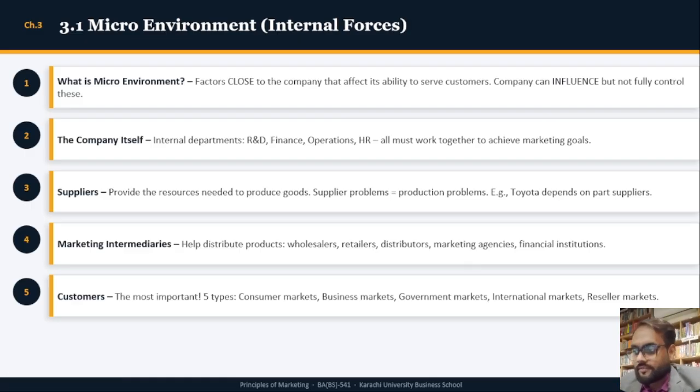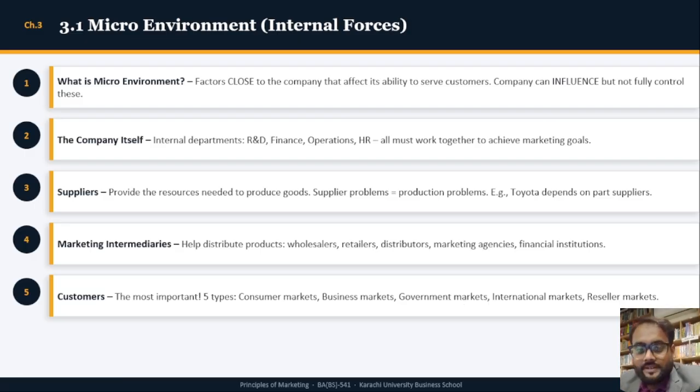Your customers: here we are talking about five important types. Where can you find customers? First, the consumer market, where customers consume goods. Second, the business market, where you do B2B, business to business, work. Third, you can also get customers from the government market, like government agencies and government bodies.